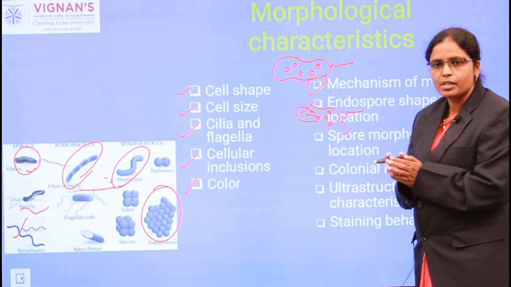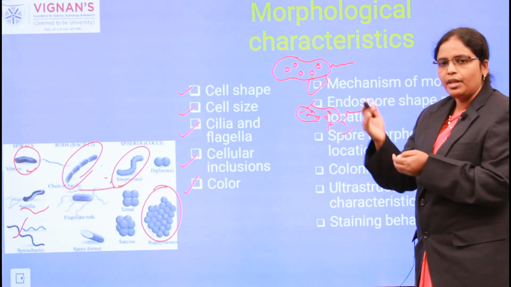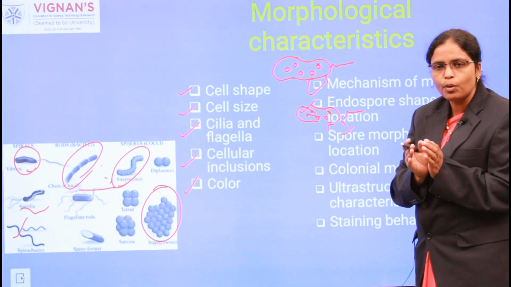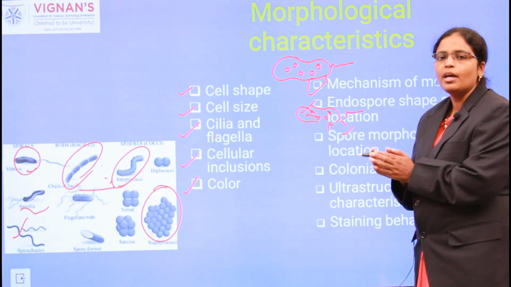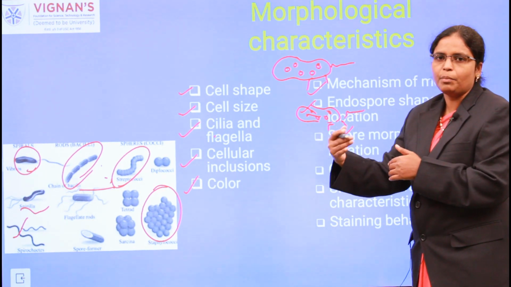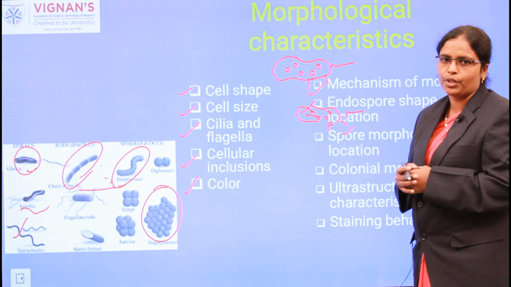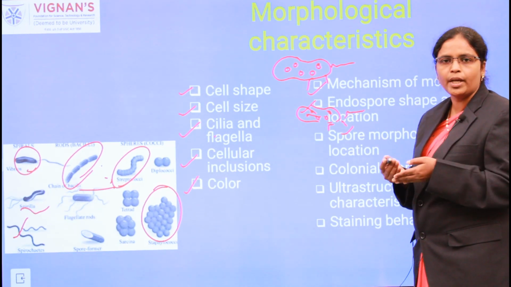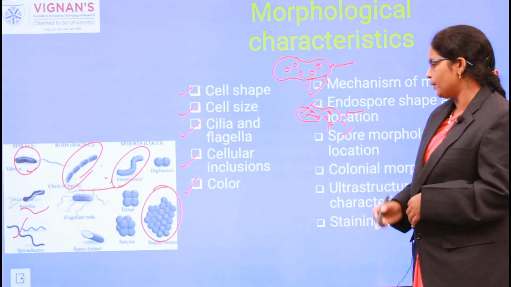Those are the dormant structures, and whenever the conditions are favorable, this endospore turns into a vegetative cell and starts its progeny. That means replication and reproduction. Okay. So the location also, whether it is located central or peripheral.